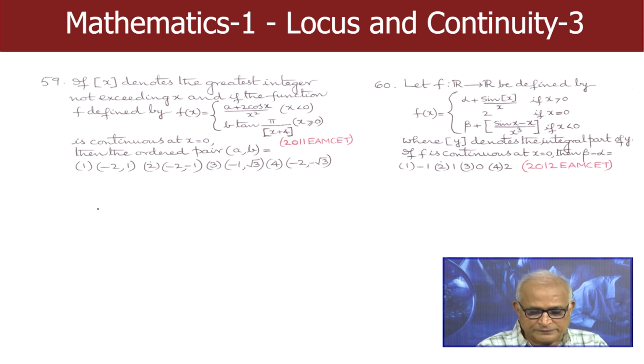So, what is f(0)? It is b, because at 0 that is the definition. That is equal to the limit of f(x) as x tends to 0 minus.